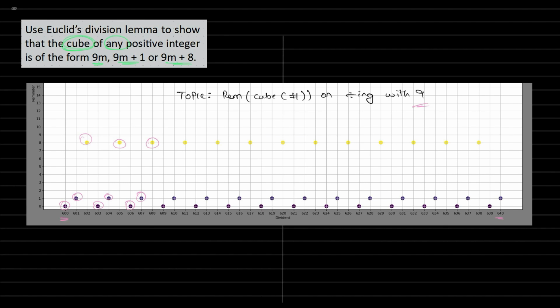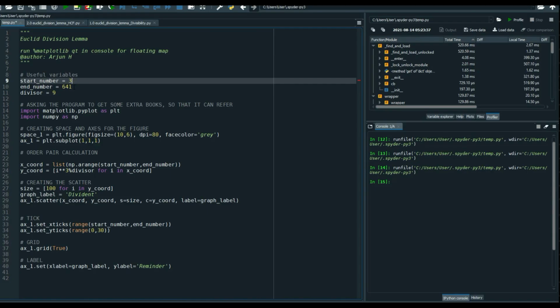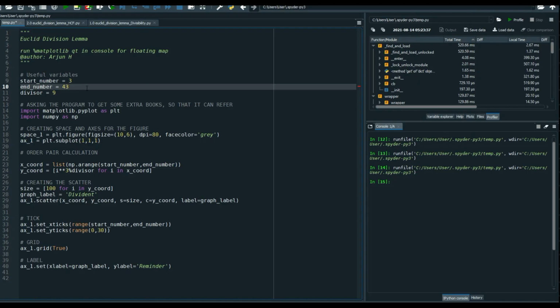So if you want to understand this particular pattern and verify this at home, I'll execute it for you guys from 3 till 43. Okay, so then you can see the graph yourself and then make your conclusions.